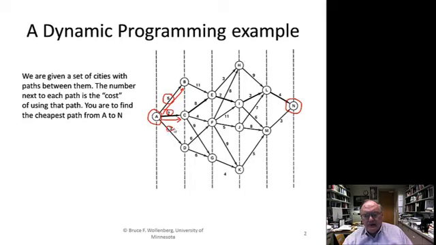If I went from A to D, it's a cost of 3. So the idea here is that we'd like to get from A to N at the minimum cost. And this process of dynamic programming can solve that problem in a very, very nice way.